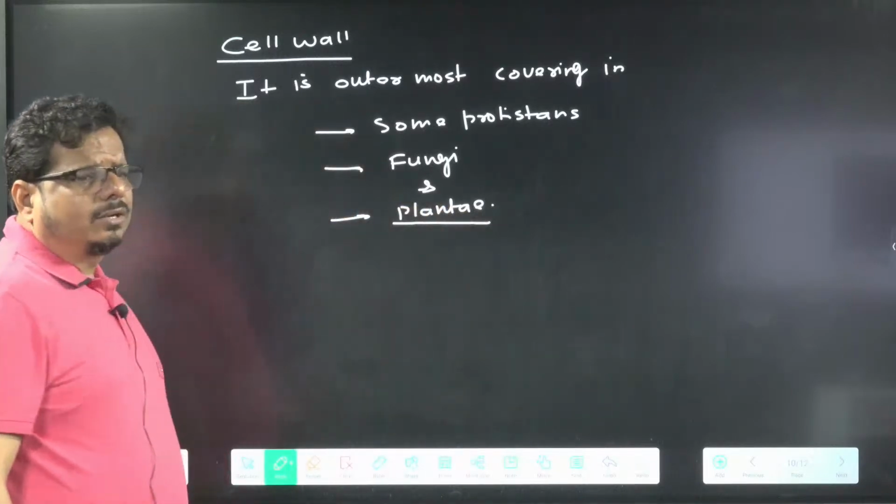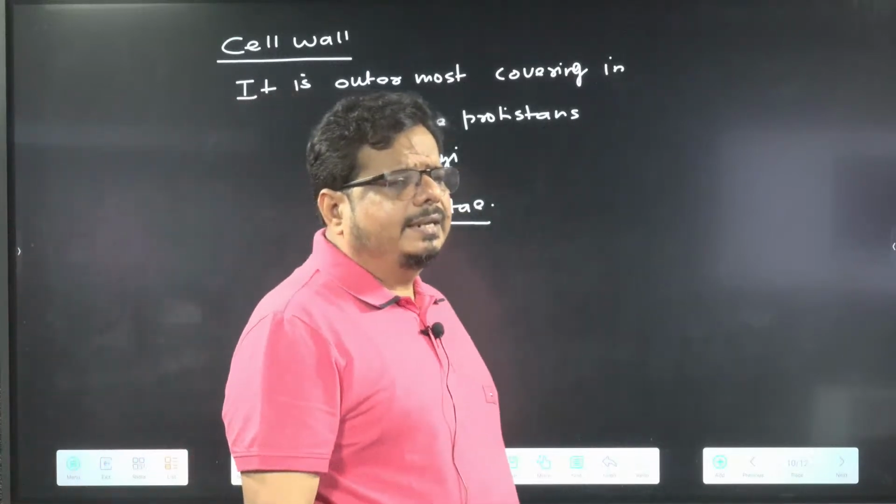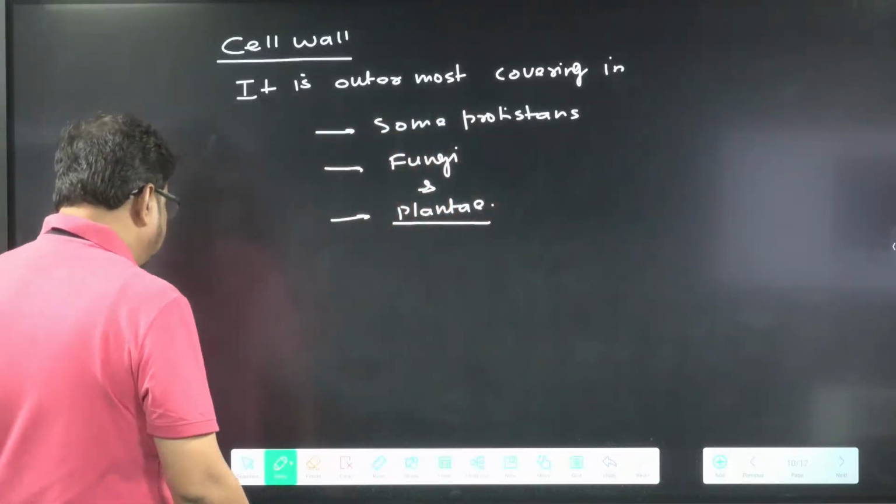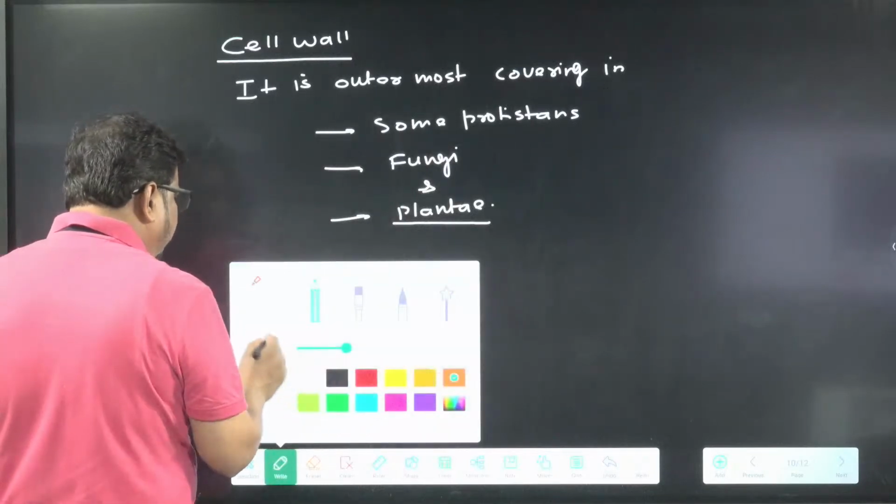In eukaryotic organisms, the cell wall is absent in animalia. So out of 4 kingdoms of eukaryotes, the cell wall is present in members of 3 kingdoms.